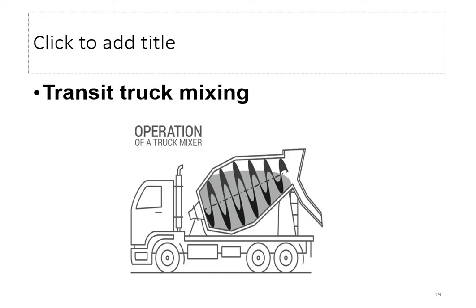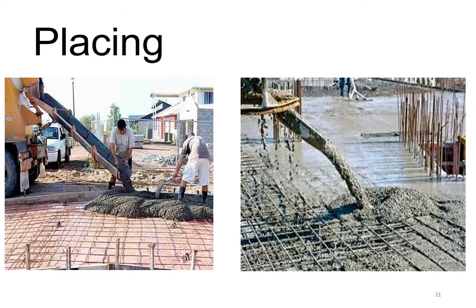Okay, and then the next operation is placing. That is, you are going to place the concrete. Here you can see from the trucks it is placed in the required position. Okay, you have to place the reinforcements. If you are going to make reinforced cement concrete, you place the steel bars and then you pour the concrete.